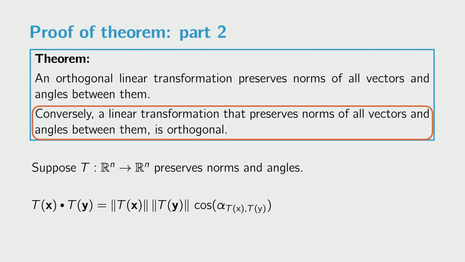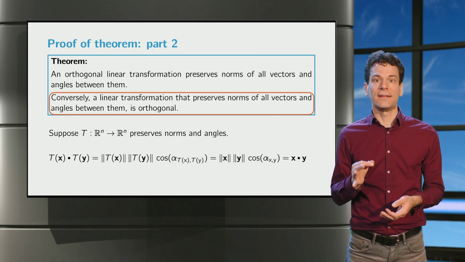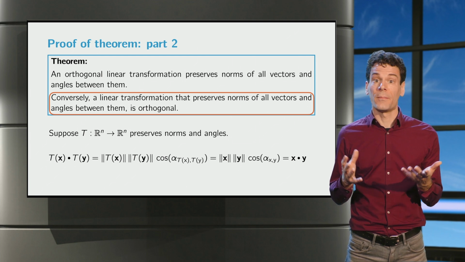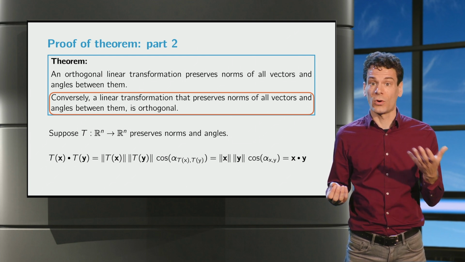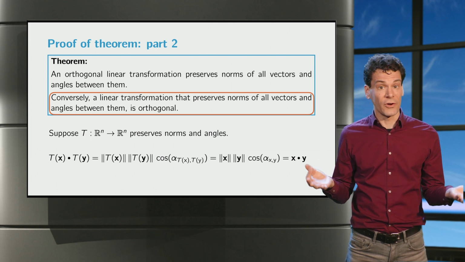Because T preserves angles and norms, this is equal to the norm of x times the norm of y times the cosine of the angle between x and y. Finally, this expression is equal to the dot product of x and y. As I mentioned before, the angle is not defined if x or y is 0, but in that case, Tx or Ty is 0 as well, so both dot products are 0. The theorem still holds.